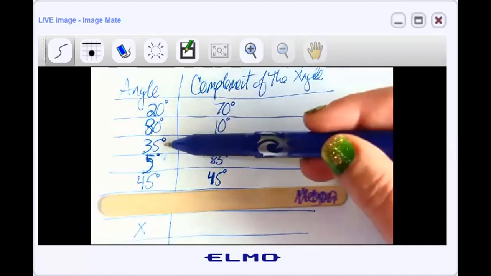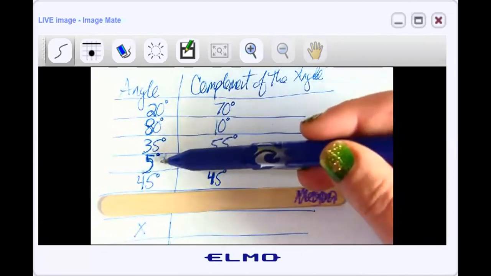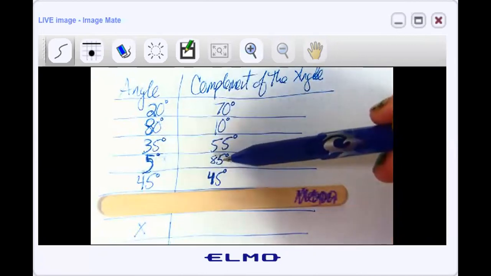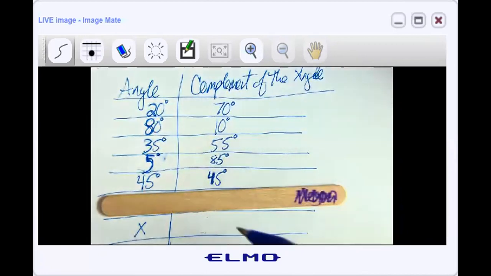I did 90 minus 35 and it spat that out. I did 90 minus 5 and it spat that out. So use that idea and see if you can come up with an expression right here. Does anybody have a guess? We're so close.